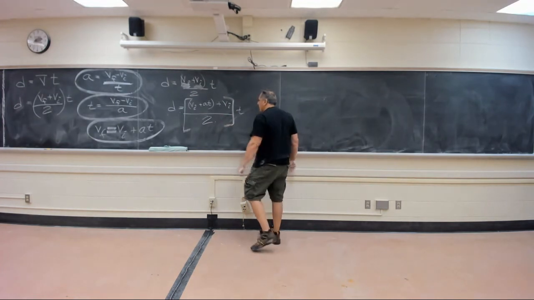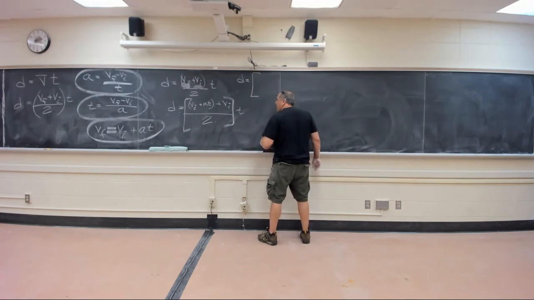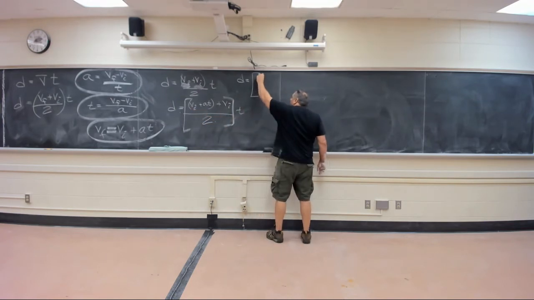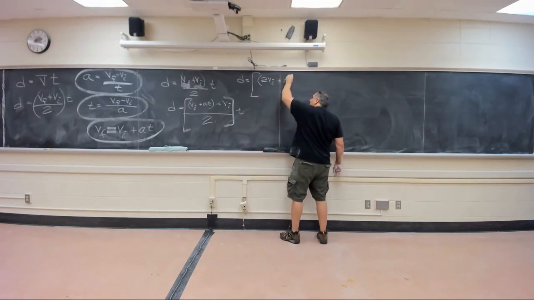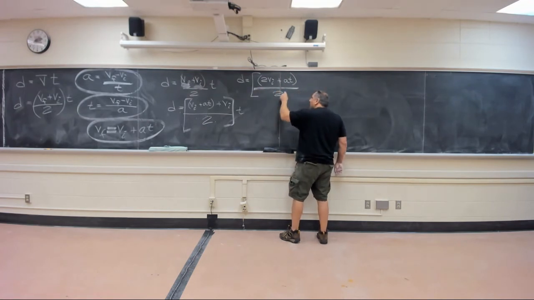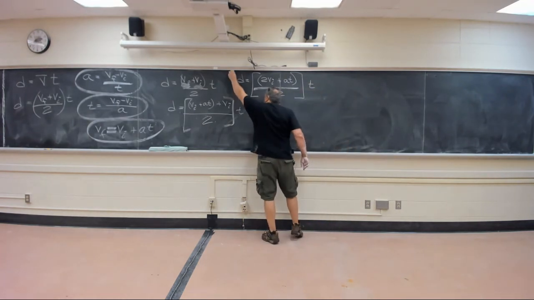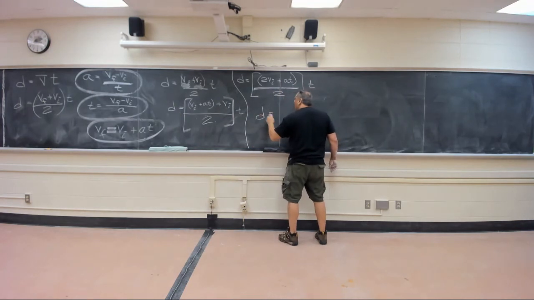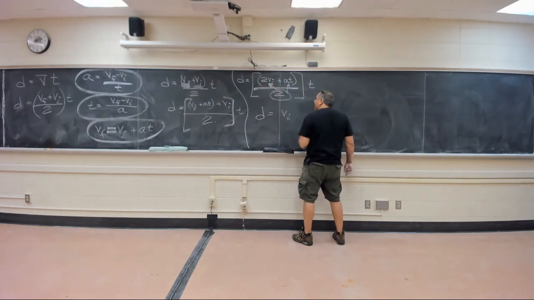What's going on here? We've got VI and VI, which is 2VI. AT is AT. Go here, go there. 2VI divided by 2 is VI.